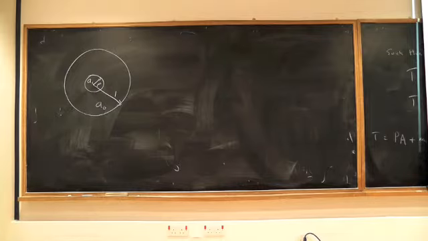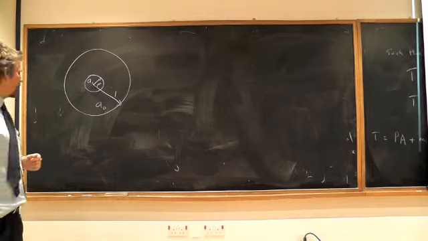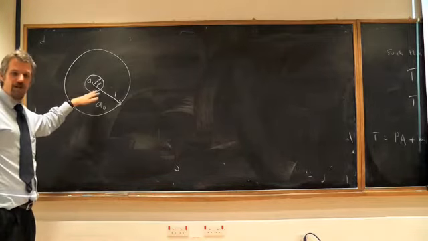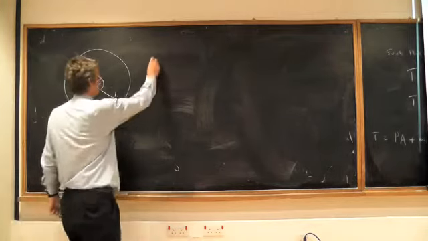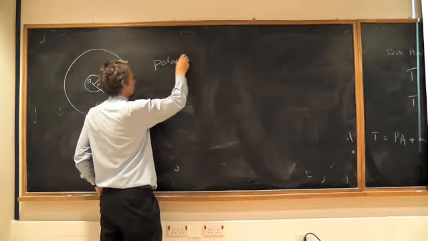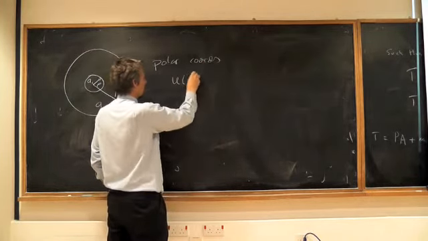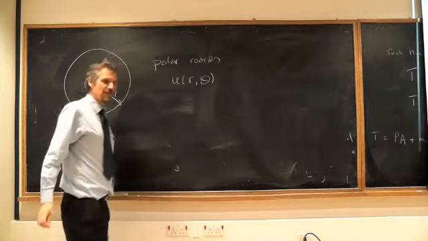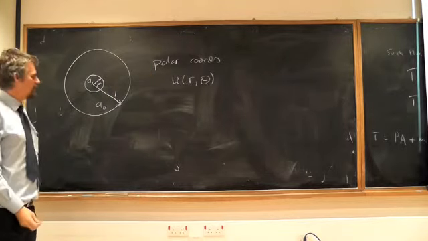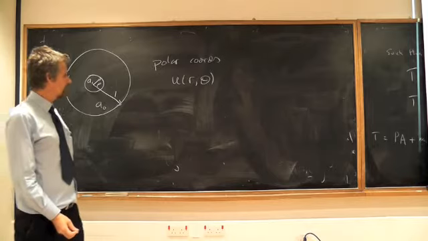Okay, so what happens here? Well, you can solve this by separating variables. In other words, use polar coordinates. So u is a function of r and theta. Let me remind you roughly how the procedure works.